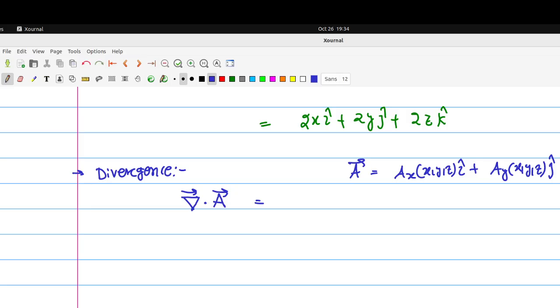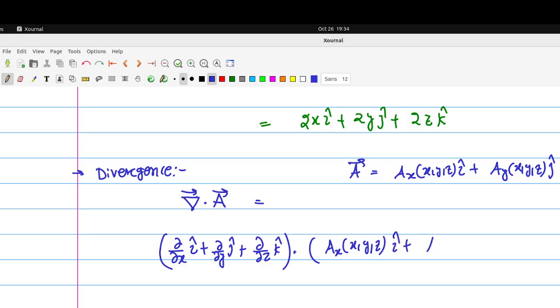Now if you apply the dot product, you write the operator as d by dx i cap, d by dy j cap, d by dz k cap, and you dot it with the vector A. Ax, Ay, Az are the components of the vector along the x direction, y direction and z direction.